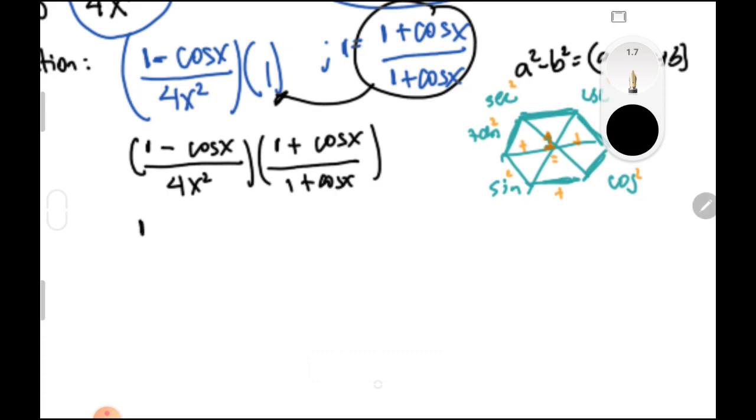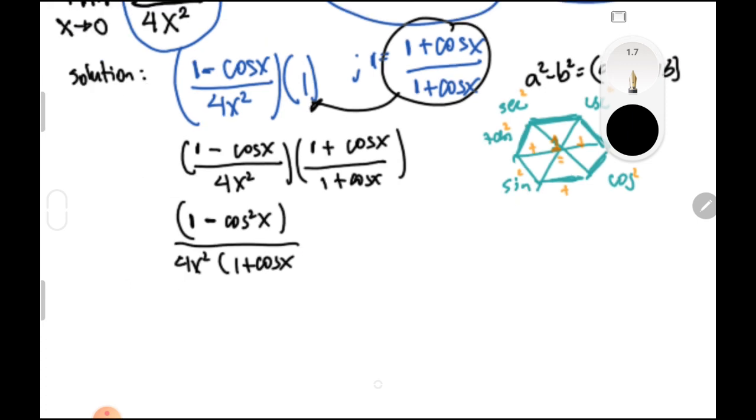After identifying the objective of the calculation, let's just calculate. We'll have 1 minus cosine squared x, from a squared minus b squared, special product, divided by 4x squared multiplied by 1 plus cosine x.